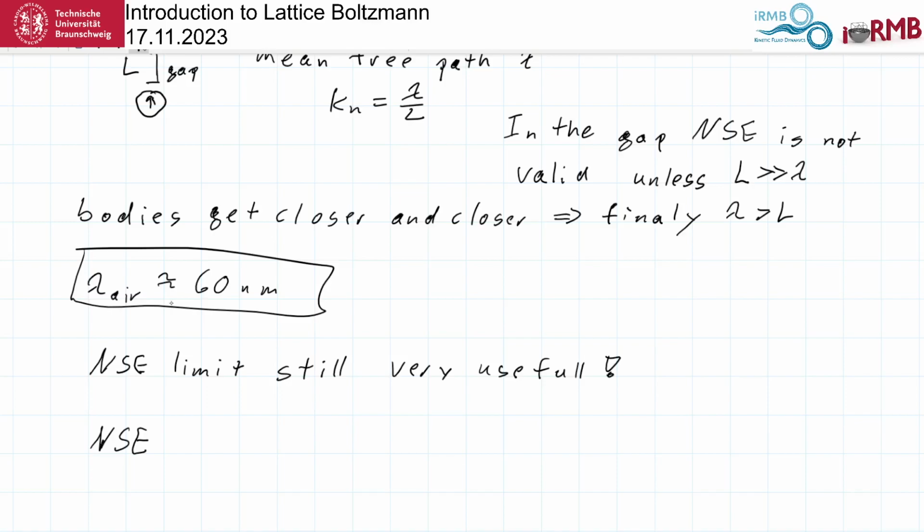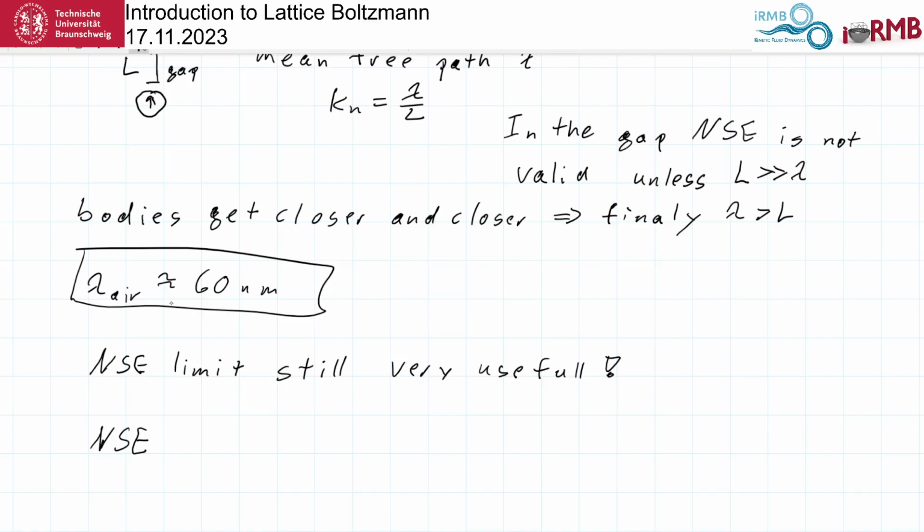But what we are now doing with the Lattice Boltzmann equation is we solve the Boltzmann equation in the Navier-Stokes limit. So all we get out of this is also a Navier-Stokes solver. We are not going beyond that. We could go beyond that if we take more moments, but we are not trying to.